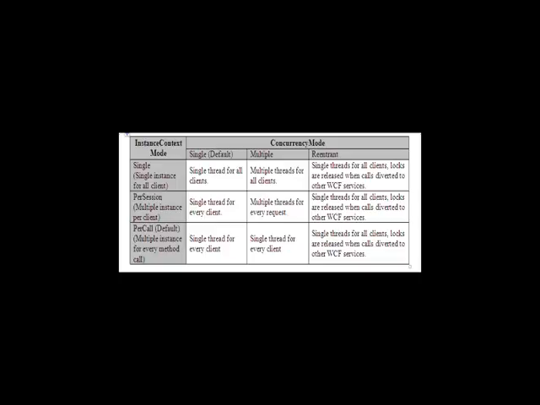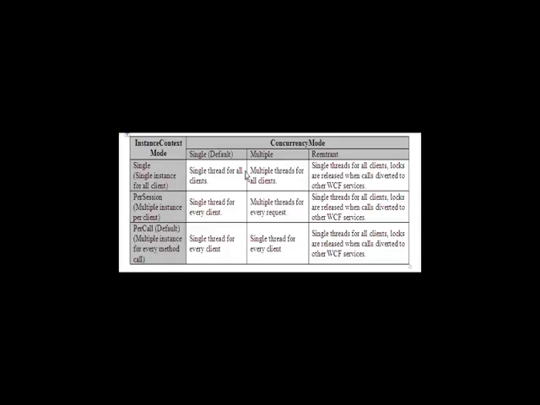In our previous examples, we had specified the instancing mode as per call, and we specified the concurrency mode as single and multiple. If you remember, the instance variable was only set to 1 every time. Why? Because for every call a new WCF server object was created to serve the request. Depending on a situation, you can take one of the combinations which suits your project.